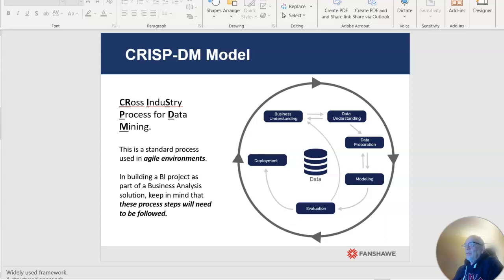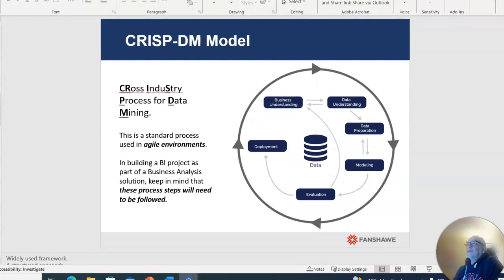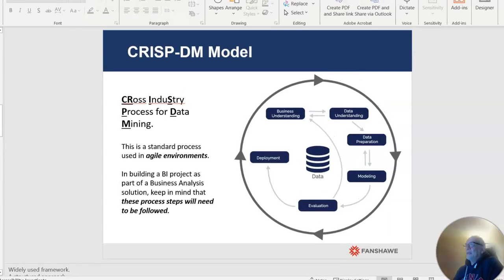I just want to go over a few things that I will be testing you on for quiz 2. From module 4, when we're talking about insights, we left off at the lecture talking about the CRISP model. The CRISP model stands for Cross-Industry Process for Data Mining.